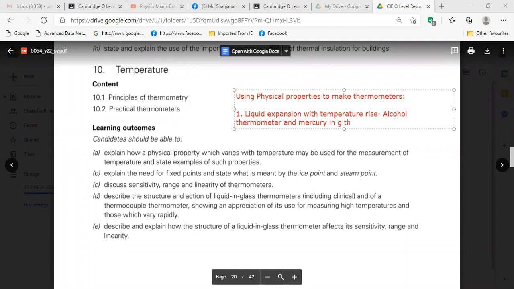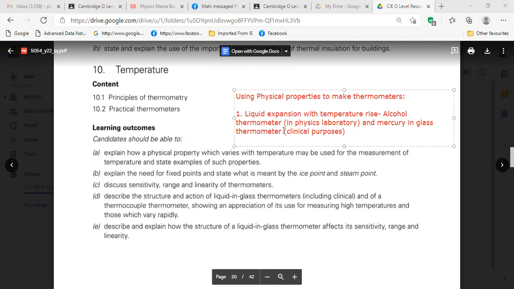Okay, this alcohol thermometer we use in the physics laboratory, and the mercury in glass thermometer we use for clinical purposes. All right.